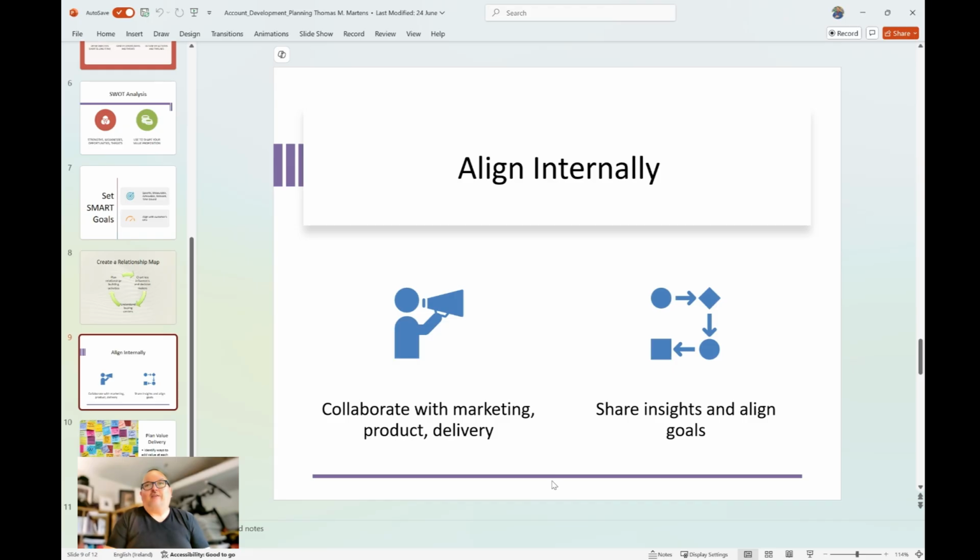Share insights and align goals. When you have talked to the customer and the conversation was fruitful, share it with the team, because you're getting closer to closing the deal.